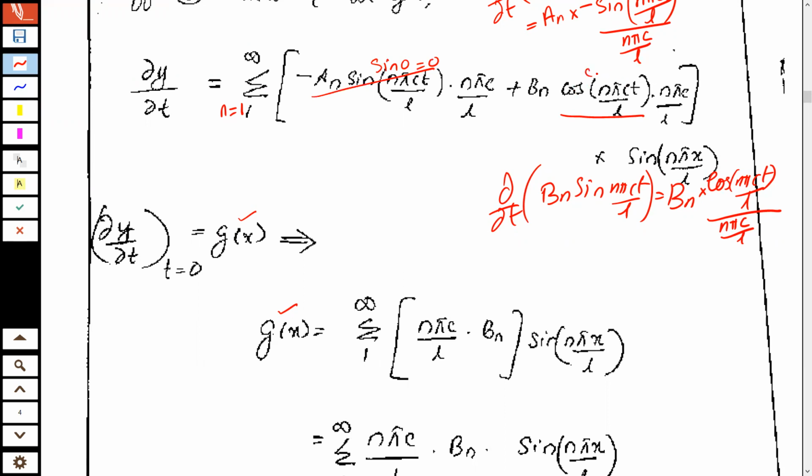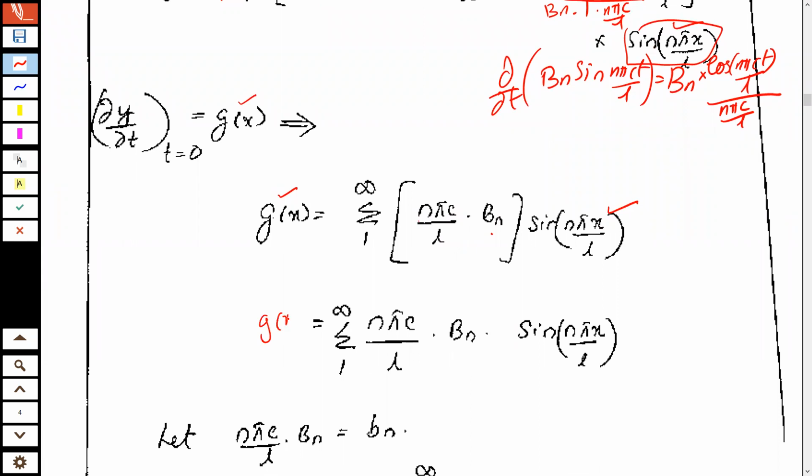This term becomes cos 0, which is 1. Therefore we have bn into 1 into n pi c by L. Therefore this full term reduces to n pi c by L into bn into the term sine n pi x by L.